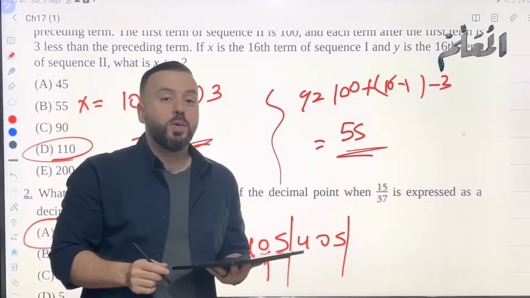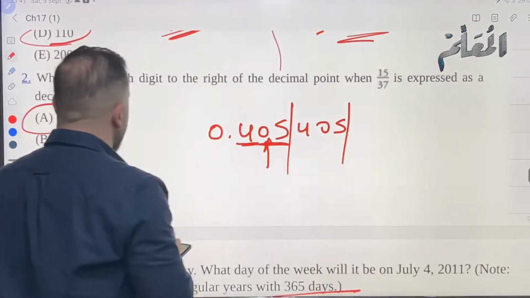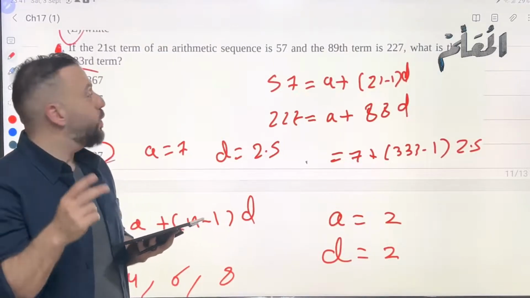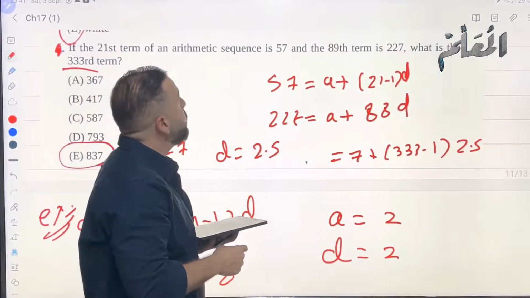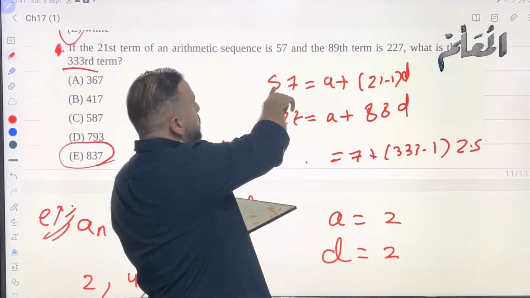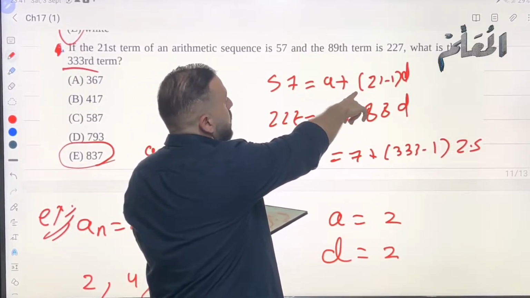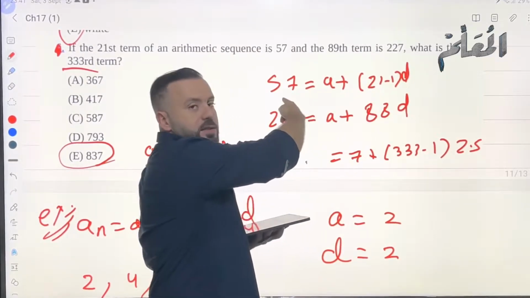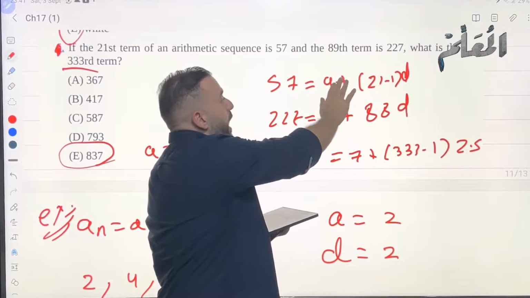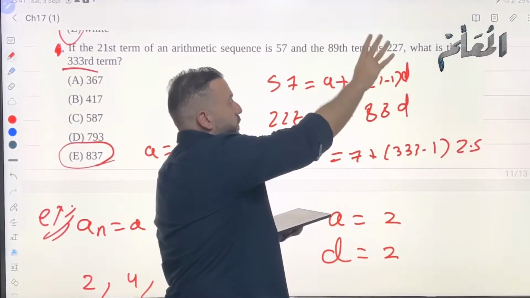Okay, see question 2. Here we go, question 2. If the 21st term of an arithmetic sequence is 57, which means 57 is equal to a plus 21 minus 1 times d. 21 is the position. I don't have the initial value, I don't have the difference.